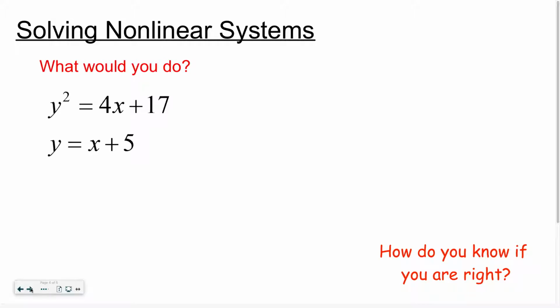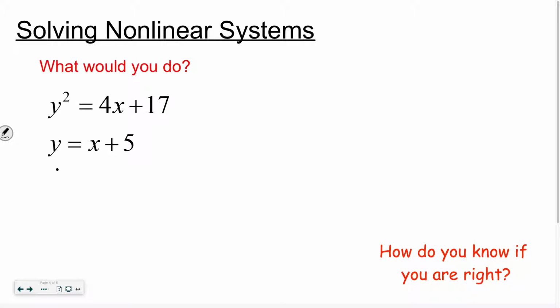What's something we might do? Getting down to one variable in an equation, how are you planning to do that? Sub it in. You could use substitution. Sure. Someone I heard say elimination. You could try to eliminate a variable. What variable would we be able to eliminate if we chose an elimination method? X. It would have to be x, because that's the only variable that appears in both. But as I move around the room, I think most people are doing substitution.